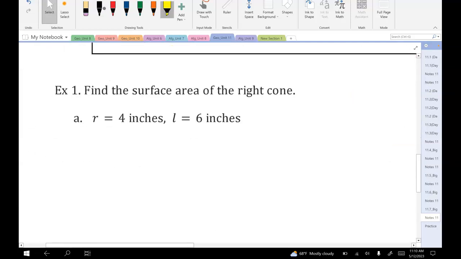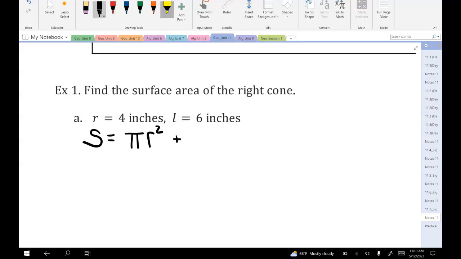So we're finding the surface area of these two right cones. We're not given a picture, just given information, but that's all we need. The surface area is pi r squared plus pi r l.